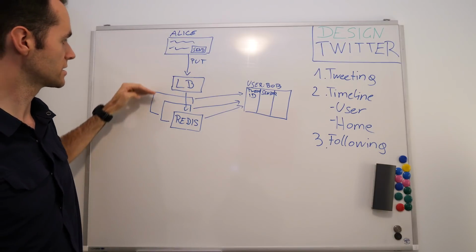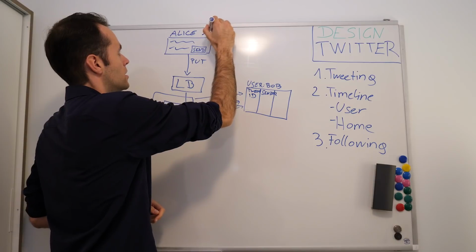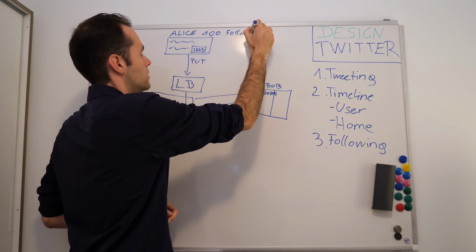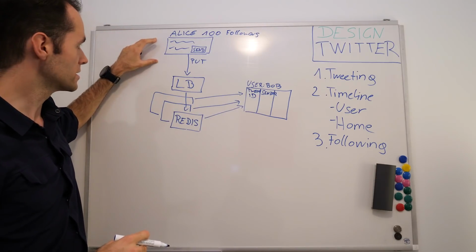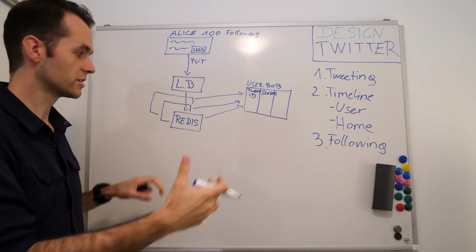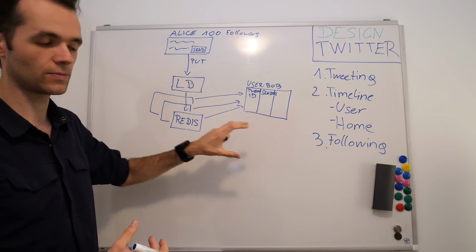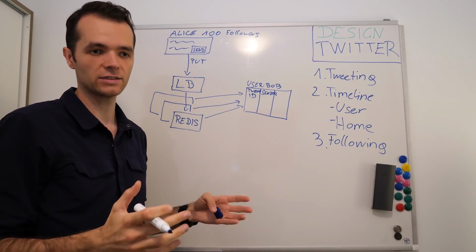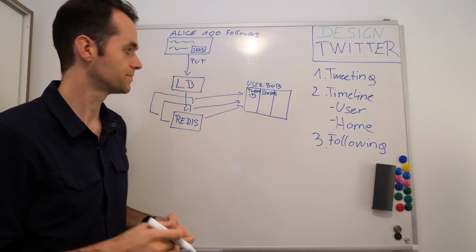So Alice triggers this thing, and let's say Alice has 100 followers. That means that when Alice sends a new tweet, 100 times 3, so 300 Redis lists will get updated, given that all those 100 followers are active Twitter users and are not in some sort of hibernation state.